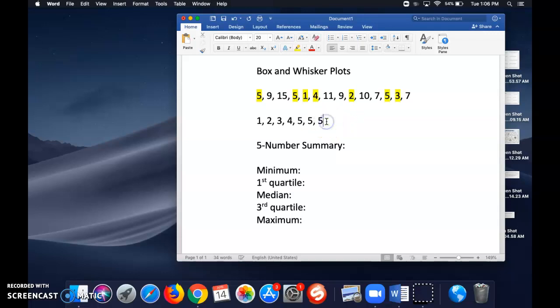You don't have to put commas there. I like to, but you don't have to do that. The next up I see are 2 7s, so I'm going to block those out. I also see 2 9s, so they both go in our order here.